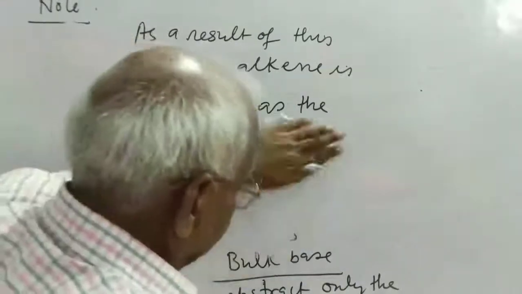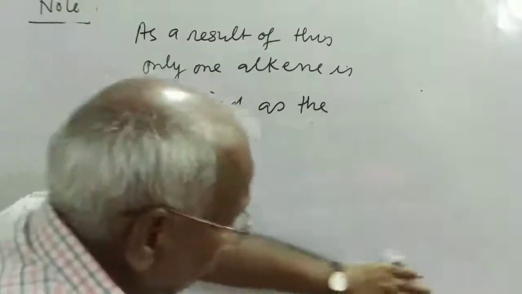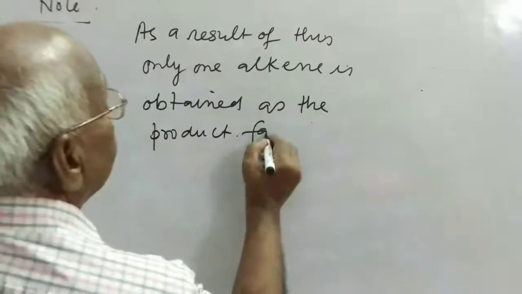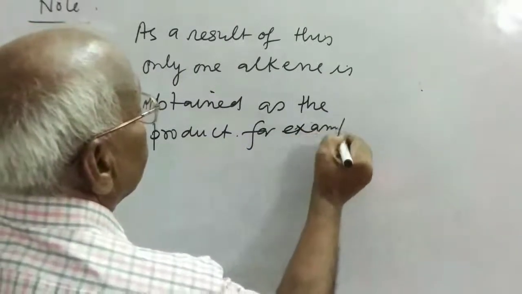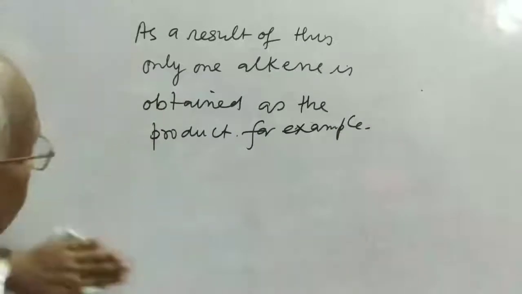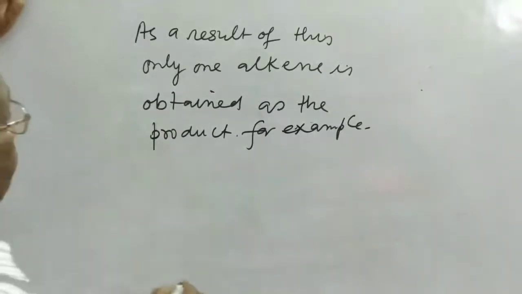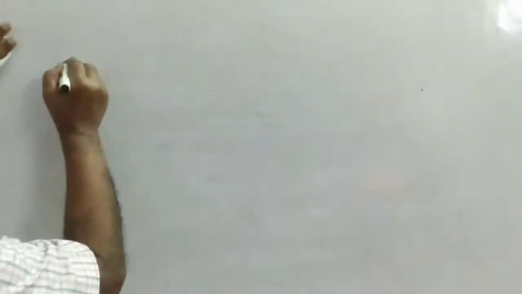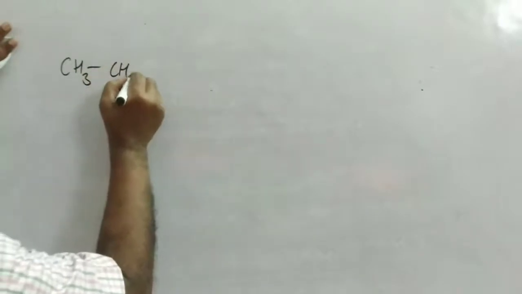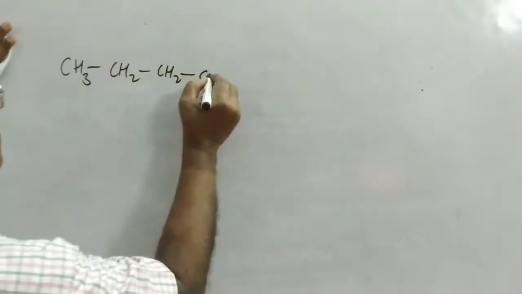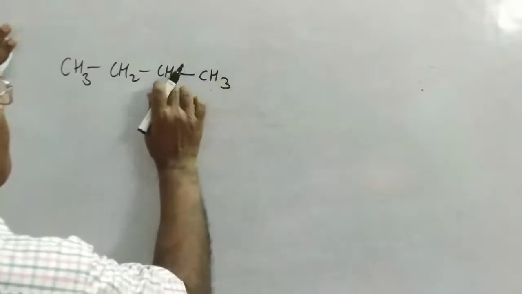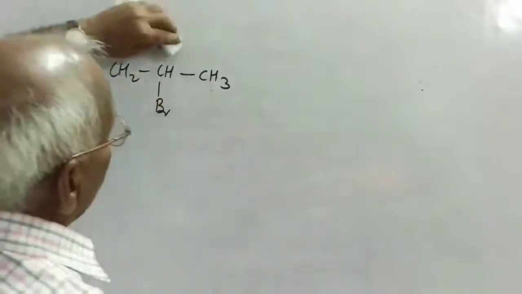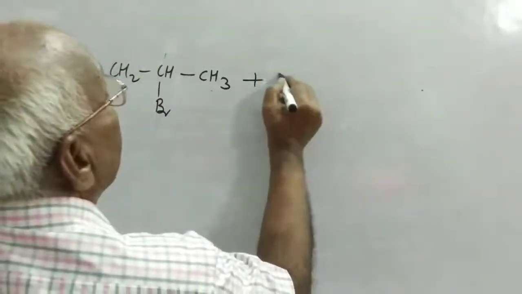See the example. For example, this is CH3, CH2, CH2, CH3, this is Br, and the reacting base is tertiary butoxide ion.